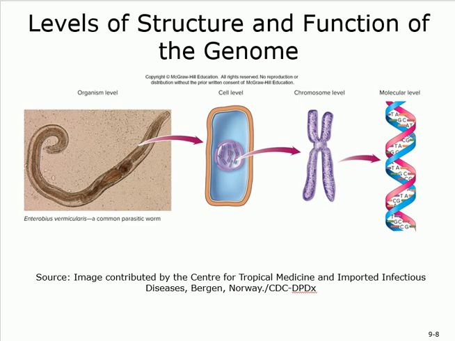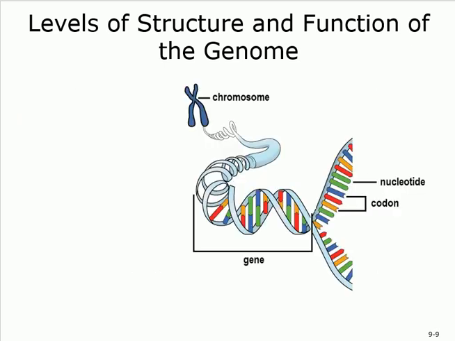So you go from organism to cell to chromosome to molecular level. Look at this here. This is the second part. You take the chromosome, you look inside of it, you will see this sequence, and this is something that we have to understand. This part is called the gene.